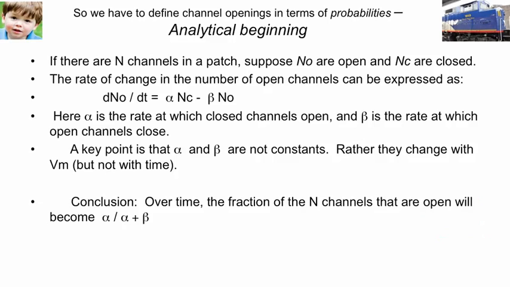So the crucial result here is if you frame it this way, the channels that are open will, on the average, be alpha over alpha plus beta, and alpha over alpha plus beta will be a function of Vm.